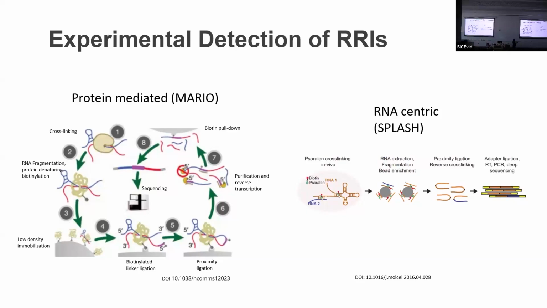These beads attract the biotin, and you start ligating these ends, and it's a random thing. That's another topic. You attach the adapters and you do short read sequencing. Again, the same issues. When you do short read sequencing, you have a resolution of 50 to 100 base pairs, and you don't know the full scale of the interaction.